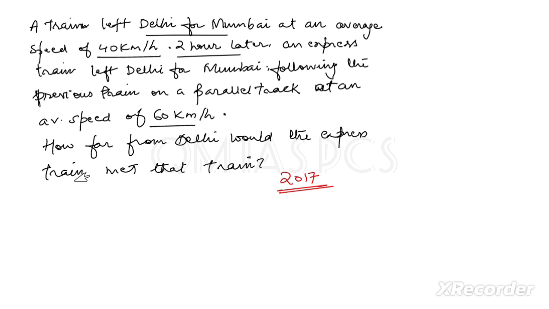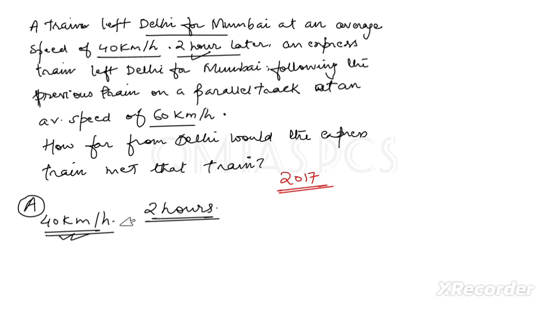So we can consider a train A moving with a speed of 40 kilometer per hour. And after how many hours has the second train started? After 2 hours. So in 2 hours, how much distance has this train covered?